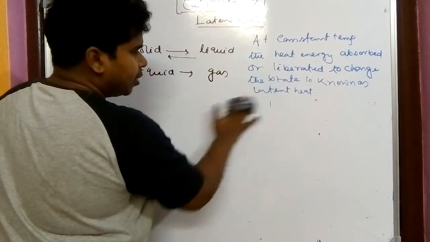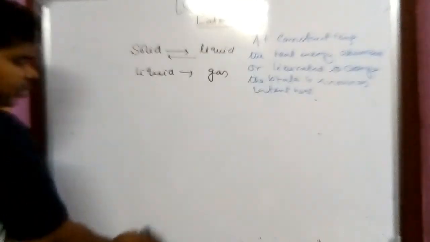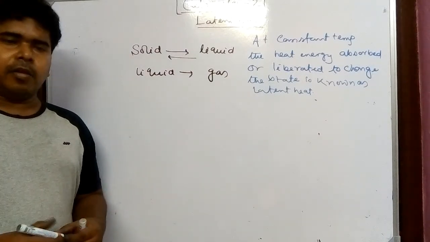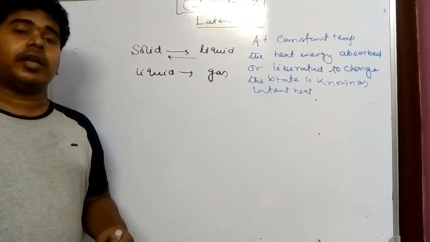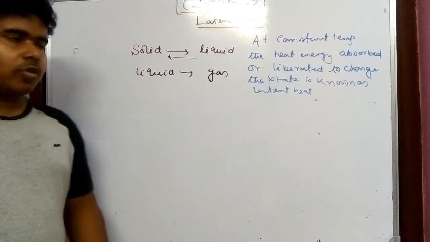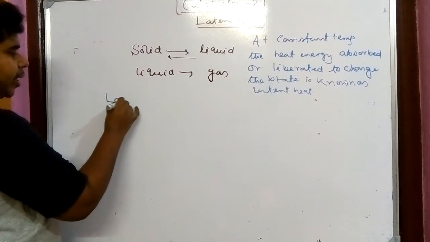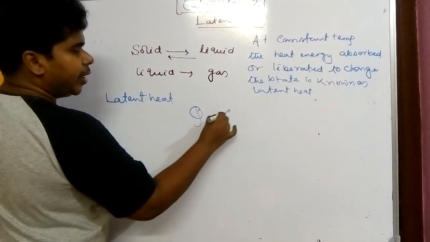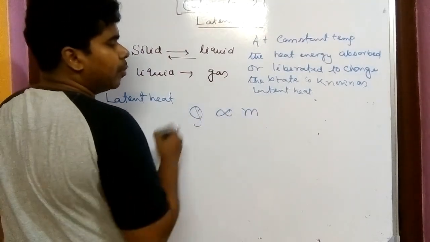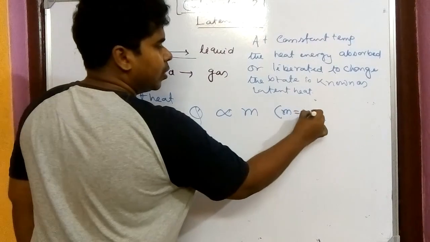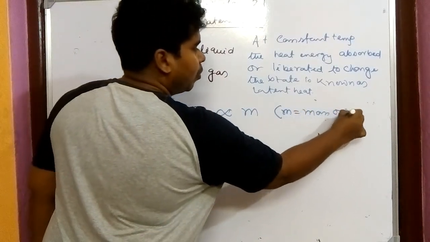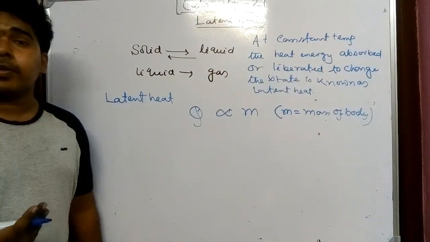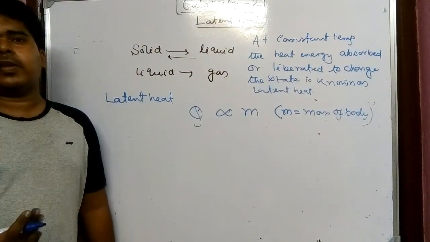Simple thing: if I give heat energy to a body to change its state, more heat energy is needed if the mass is more. So we can write that latent heat Q is directly proportional to the mass, where M equals the mass of the body. The more the mass, the more latent heat is needed to change the state.